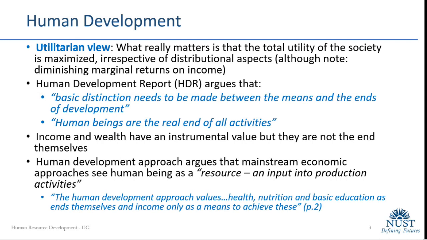So before we understand what Human Development Index is, we should understand what was the need for such a concept. So utilitarian view states that what matters is what is our overall satisfaction level in the economy.